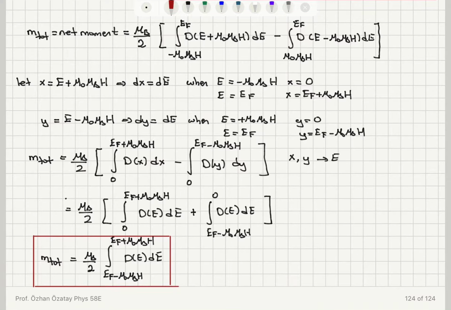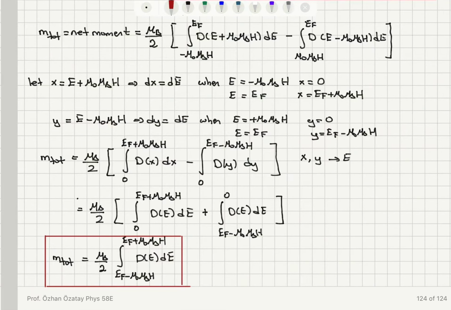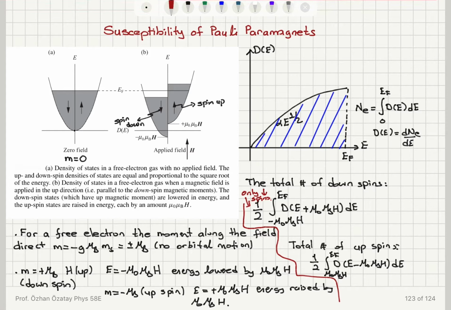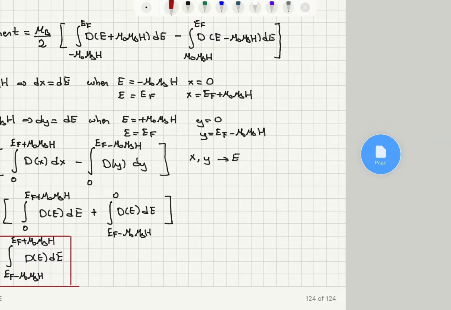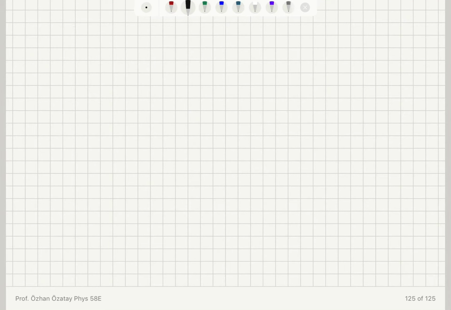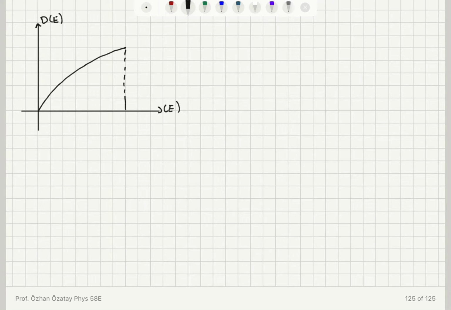Okay, so let's move on. Now, if you remember the density of states as a function of energy, the integral I'm supposed to perform is around the neighborhood of the Fermi level. So if I replot my density of states as a function of energy here, you can see what I'm doing. Here is the E to the 1/2 dependence. This is the Fermi level.